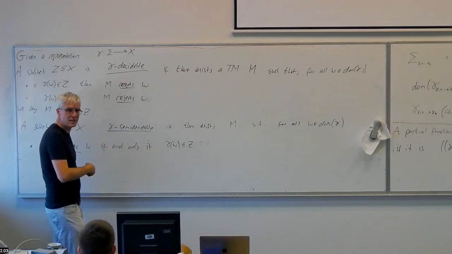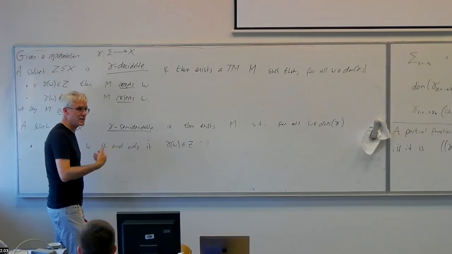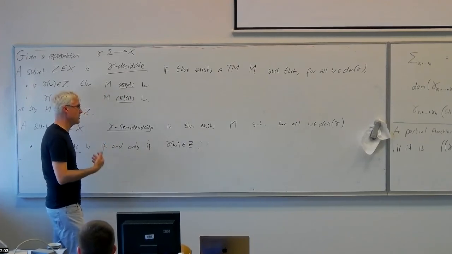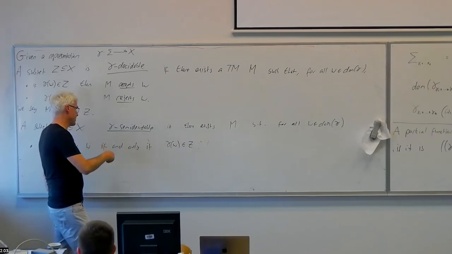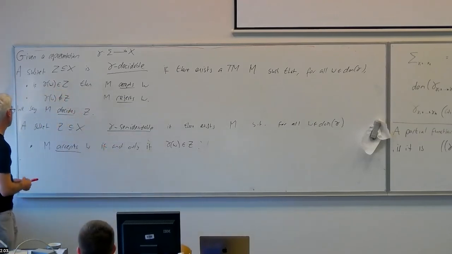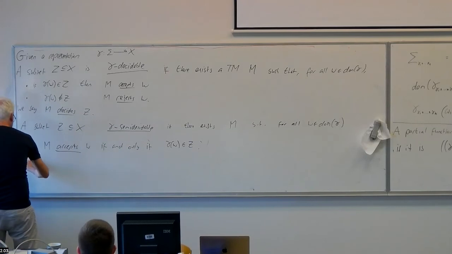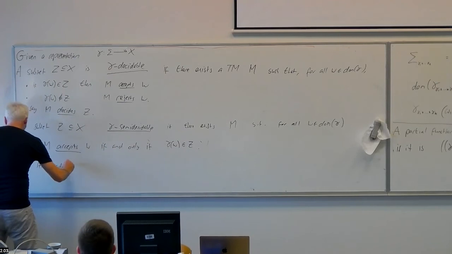The only requirement is that the Turing machine will not end in the accept state on names for elements that are outside of the set Z. So again, we say that M semi-decides Z.